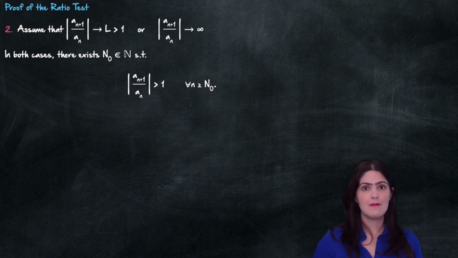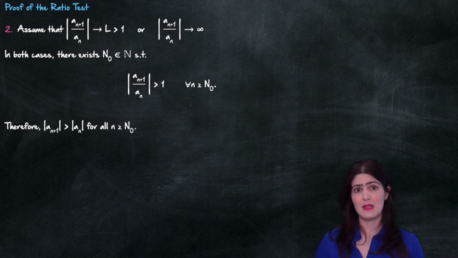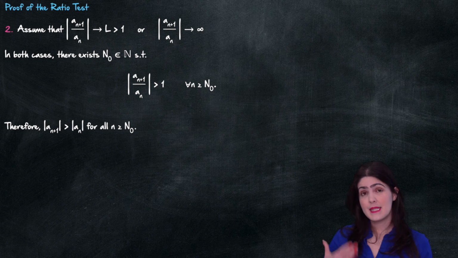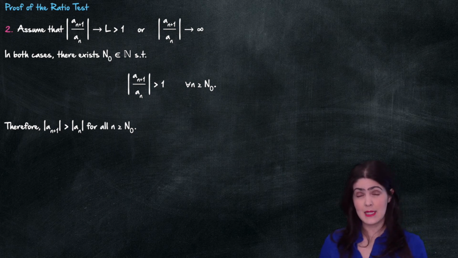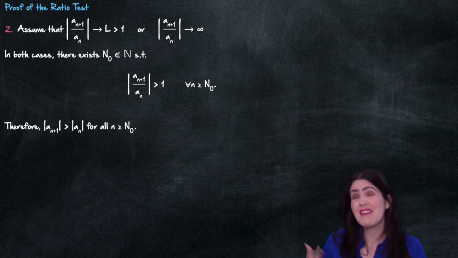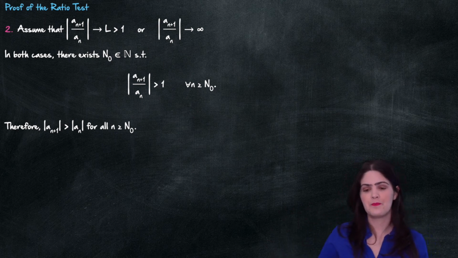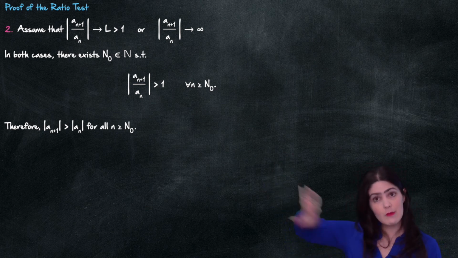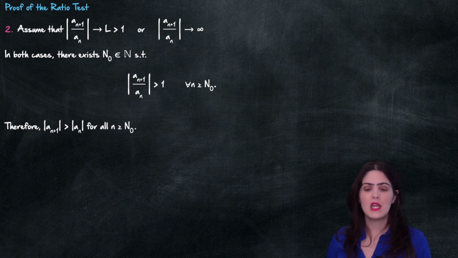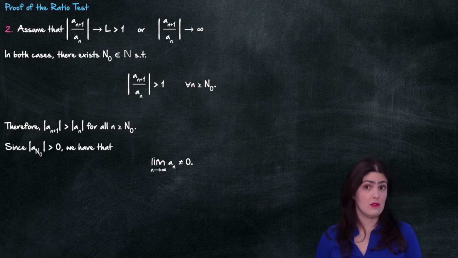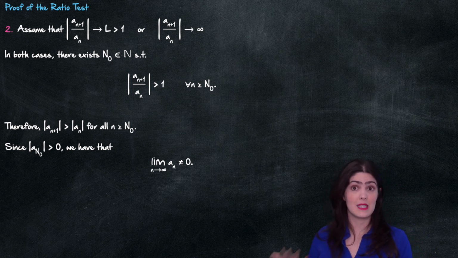Okay, so we have this. What I can see from here is that the sequence of the absolute values of the a_n's is eventually increasing. So after n0, all the terms of my sequence are increasing. I know that the absolute value of a_{n0} cannot be 0, so it's positive, because none of the terms of my series are 0.